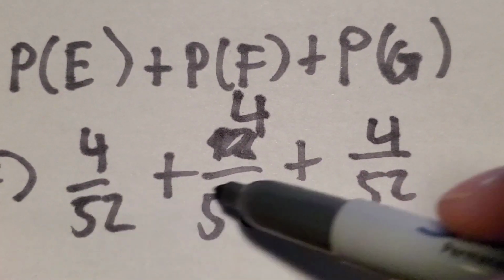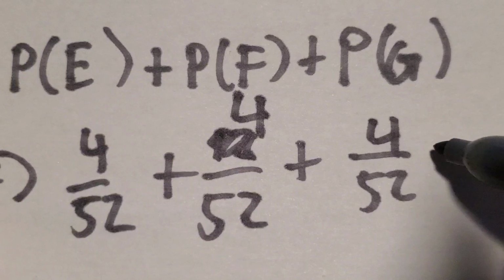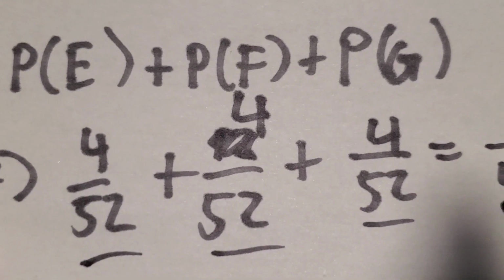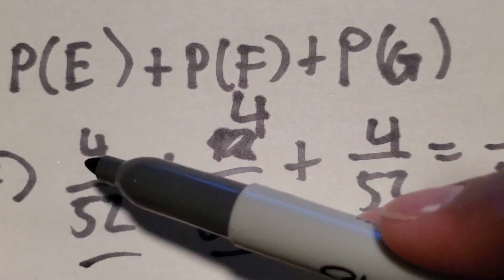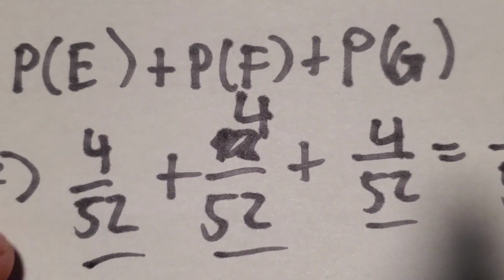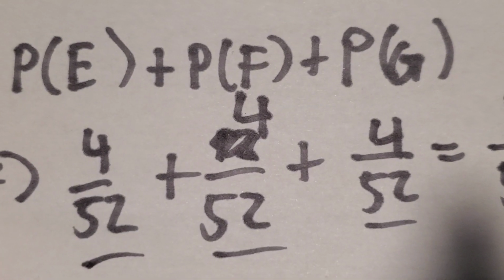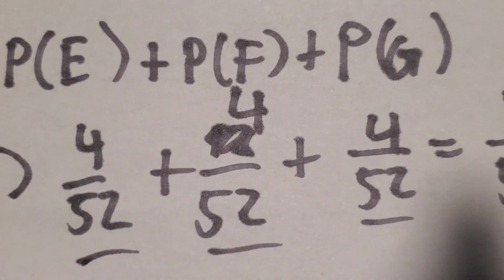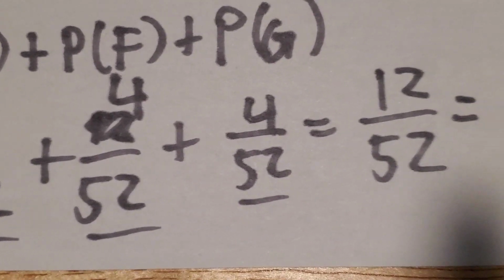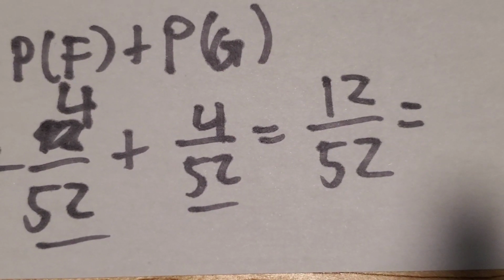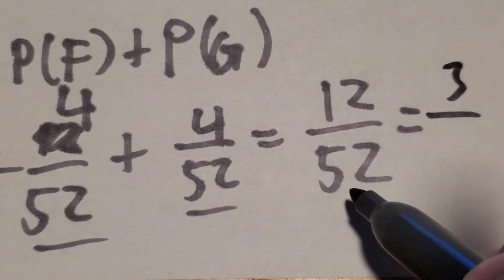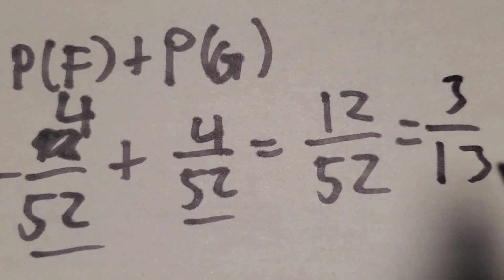So now all I have to do is add the fractions. Since my denominators are all the same, I can just rewrite that 52. But I have to do 4 plus 4 plus 4, which gives me 12. Again, if you can simplify, you should always try to simplify. So we can simplify that 12 over 52, because 4 goes into 12 3 times, and 4 goes into 52 13 times.